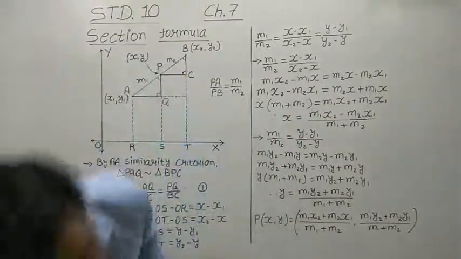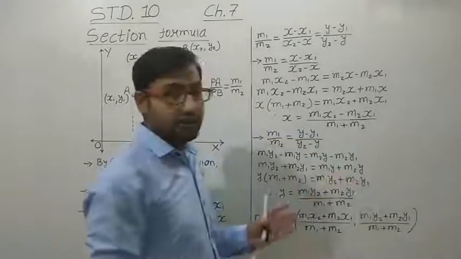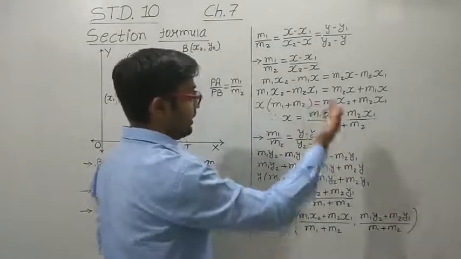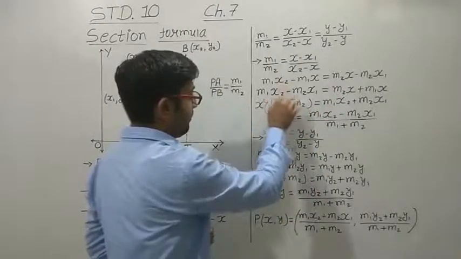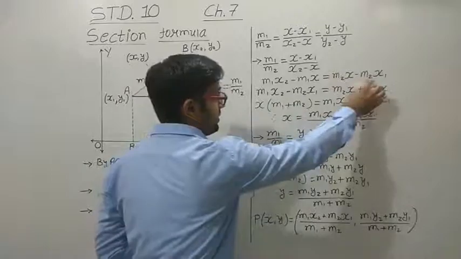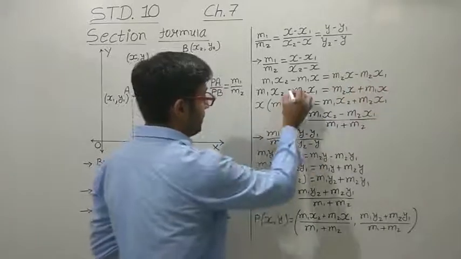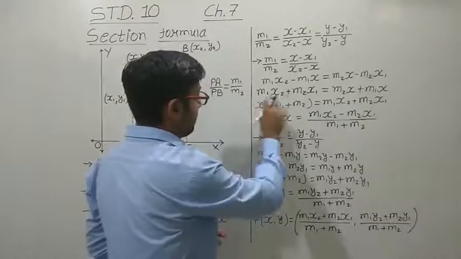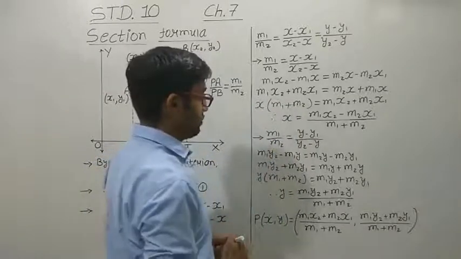Now take all the terms which have X to the left hand side and the others to the right hand side. So M1 X2, and this minus M2 X1, when we take it to the other side, becomes plus. So here we get M1 X2 plus M2 X1.